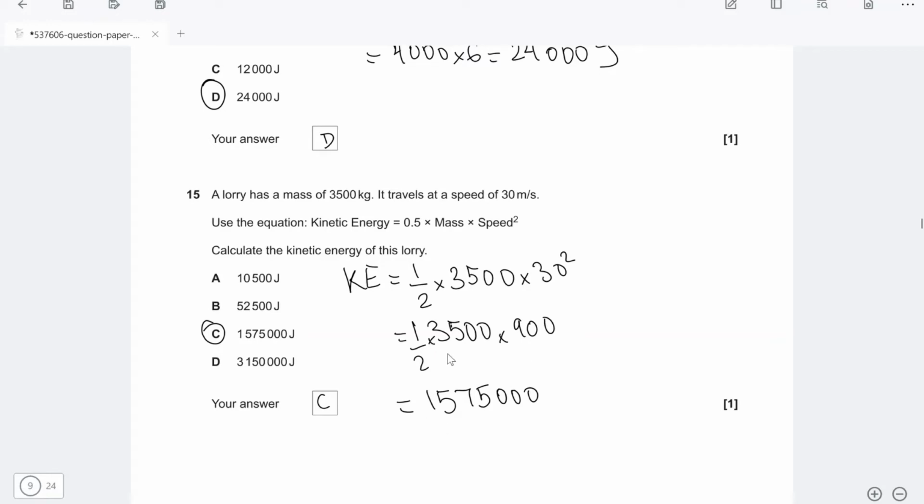You could also estimate that by dividing 900 by 2, which is going to be 3,500 times 450. If we do a little bit of mental math, we're going to get 1,575,000 joules. So the correct answer is C.